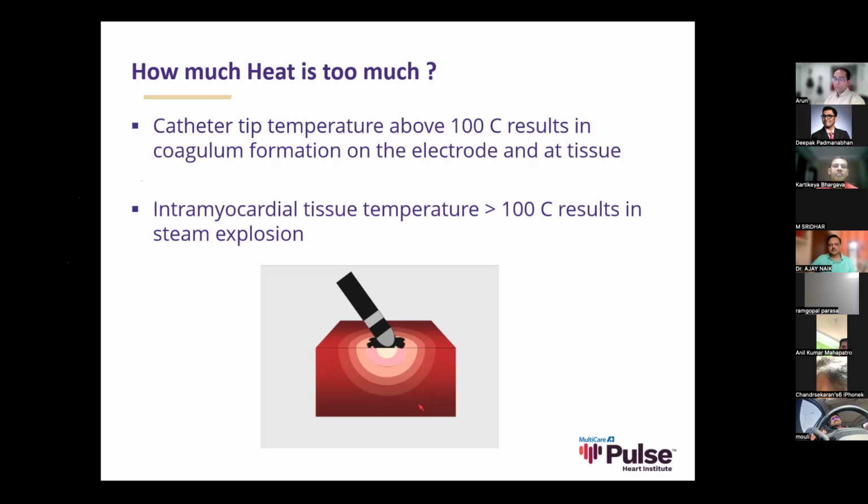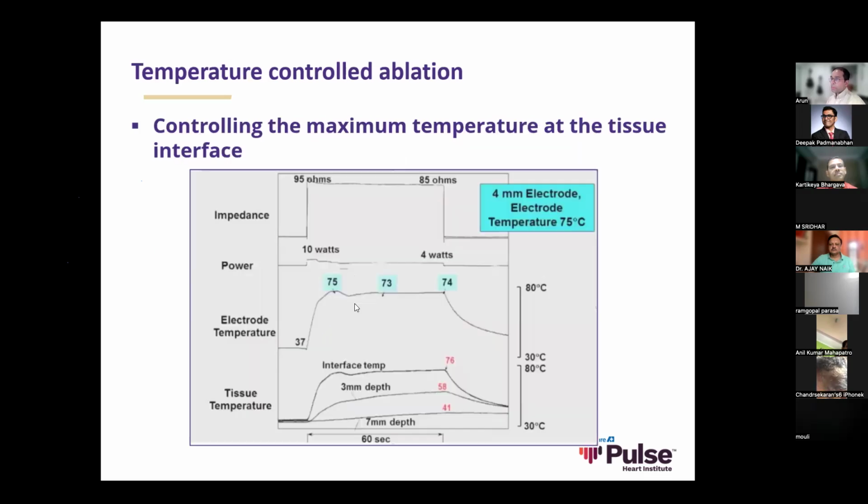Coagulum is elements of blood that form a coagulate around the catheter tissue, and that leads to problems. The other obvious problem is that greater than 100 degrees Celsius can lead to a steam explosion right at the tip interface. That's safer than having it on the epicardial side, but still it can lead to bigger problems.